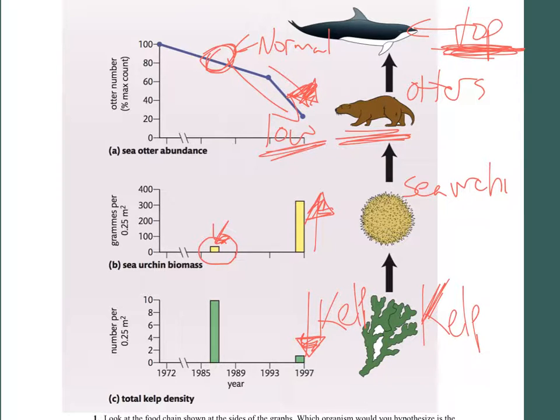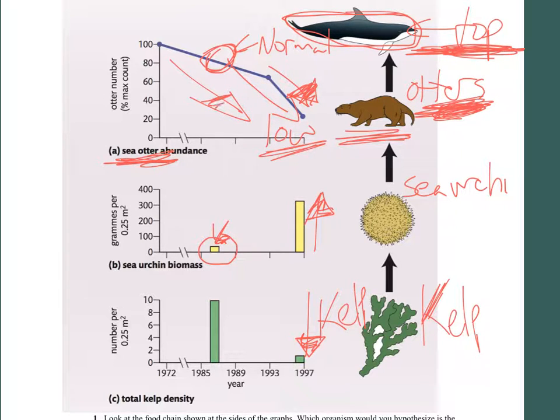So, in my thinking, I am thinking that the otters are a keystone species, or the top predator is a keystone species. But we don't have data on this whale, do we? It doesn't say the whale, it says sea otter abundance decreases.